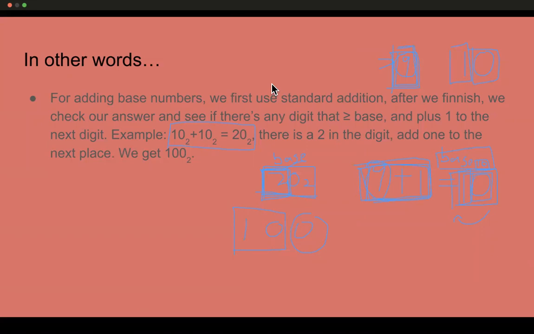That's exactly right, Kevin. Because 2 cannot be achieved in base 2, right? The biggest single digit number that can be in base 2 is 1. So you can think about 1 as 9 in base 10. They're like the identical thing.